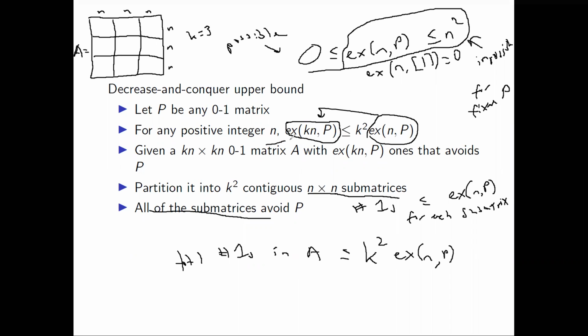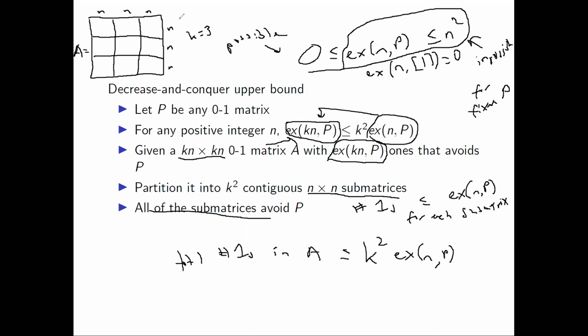And that gives us this upper bound here because we assumed that the number of ones in A was exactly EX of Kn comma P, because recall, A was a Kn by Kn 0-1 matrix. So we can get this inequality pretty easily just by breaking up our matrix A. And it looked like we broke it up into a bunch of different subproblems because we got a bunch of different submatrices.